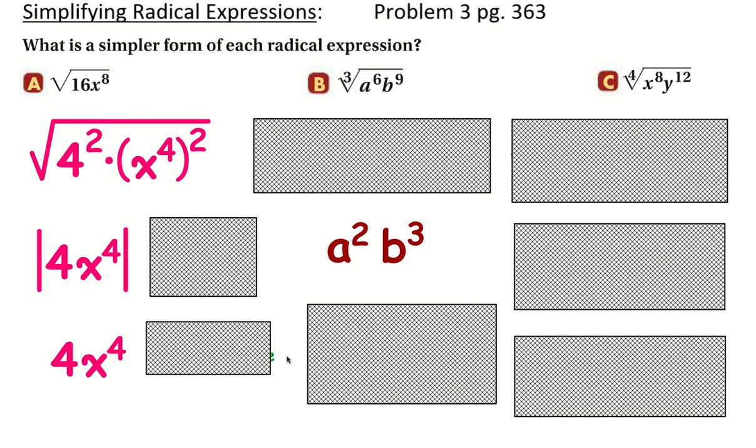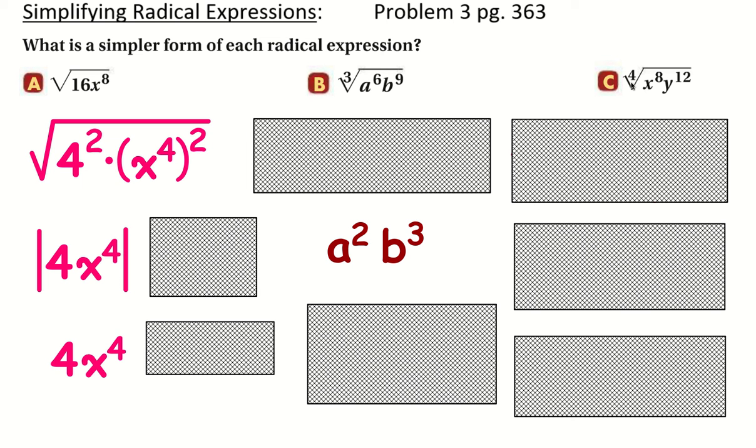This is the answer. And you might be looking at this as a division type thing with these powers, and you're right. 6 divided by 3 is 2, 9 divided by 3 is 3, just because of the nature of exponents. It's because of all the rules of exponents.